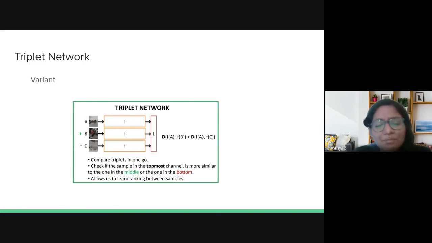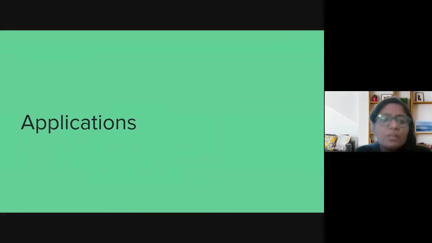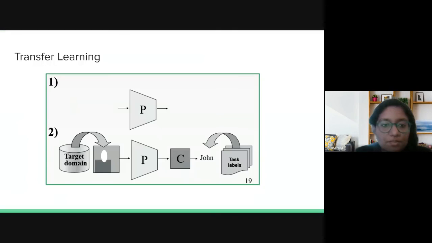But always remember, whenever we go for a more complex model, we will have to compromise somewhere on, say, the training time or the quality of the training data and so on. But this is a little bit more robust than CMAs networks, and that is why we go for it. So what are the applications of CMAs networks?